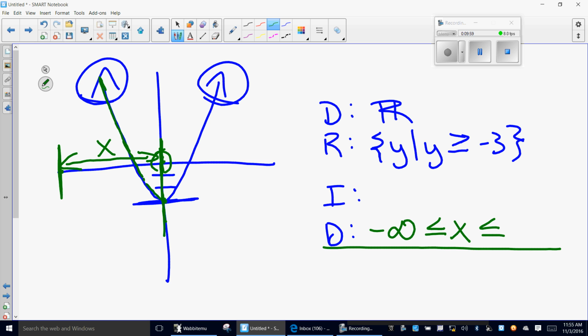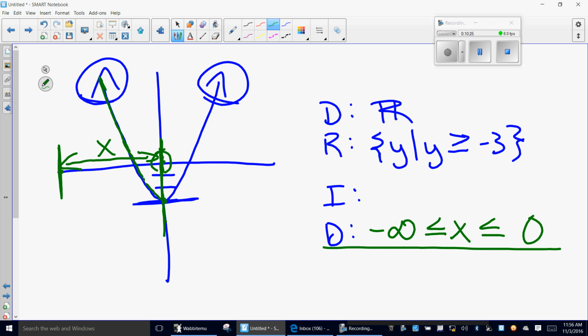This is where people get confused because they think decreasing is how far down you're going. They think y, but it's not the y's. It's as I read from left to right. I am decreasing from negative infinity to the left all the way till I get to 0 on the x-axis. So that's where you would be decreasing from. Okay?